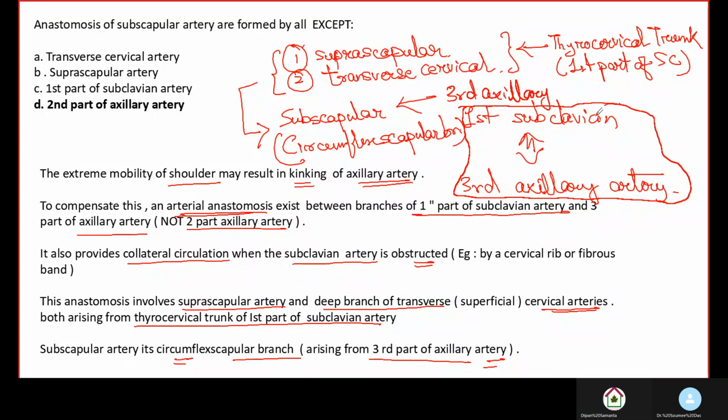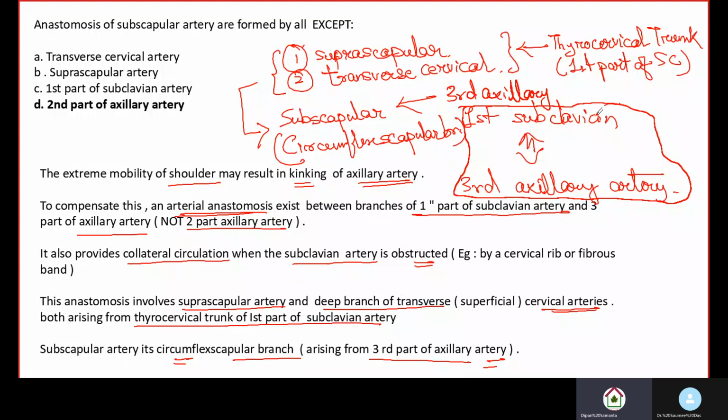So, on a major structure level, it's an anastomosis between the first part of the subclavian and the third part of the axillary artery. And to be very specific, from the first part of the subclavian artery, the suprascapular artery comes out and the transverse cervical artery comes out.